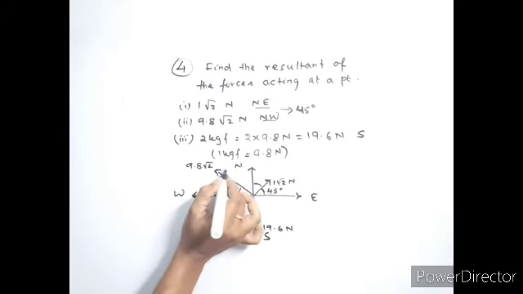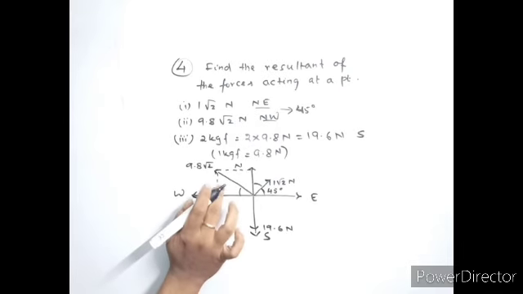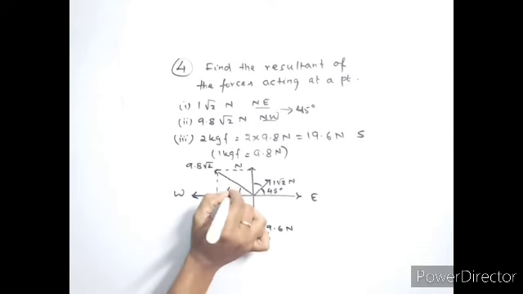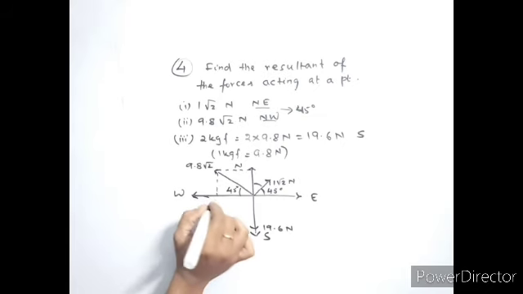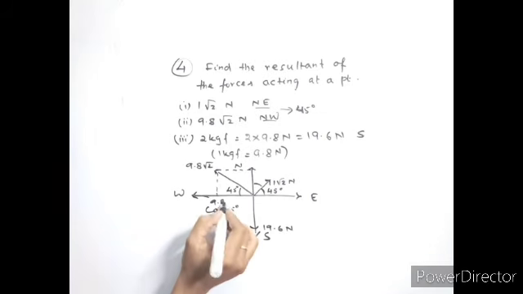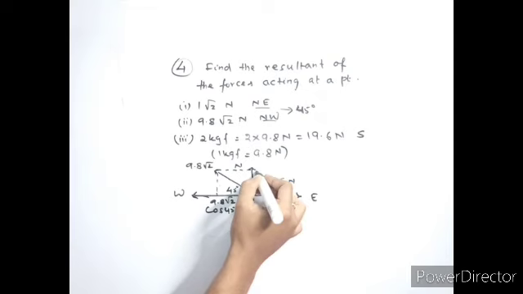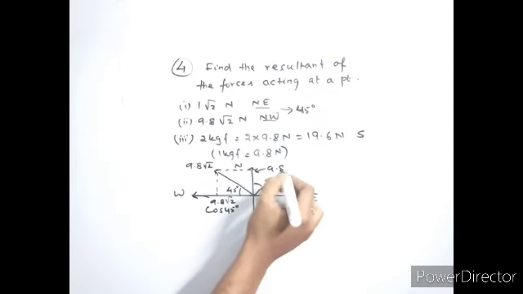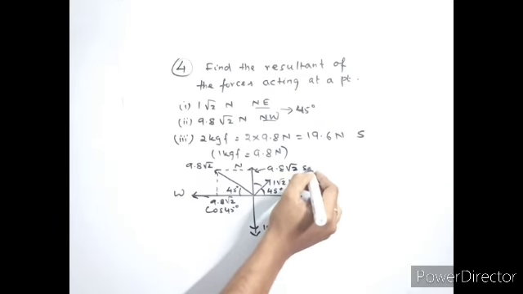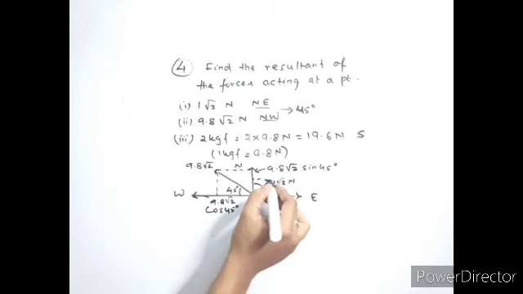Now easily we can resolve these vectors into rectangular components. One of them is acting along the horizontal direction, that is the cosine part, and the sine part in the vertical direction. So 9.8 root 2 cos 45 and 9.8 root 2 sin 45 act in the west and the north directions.